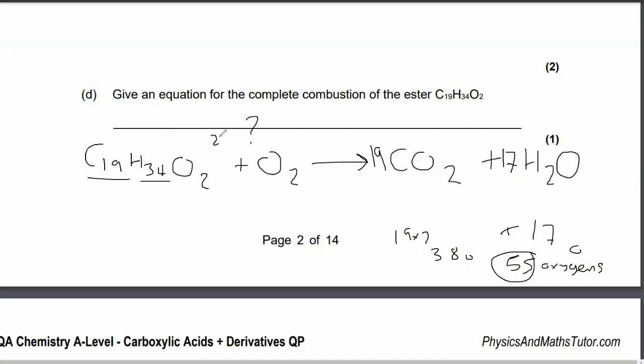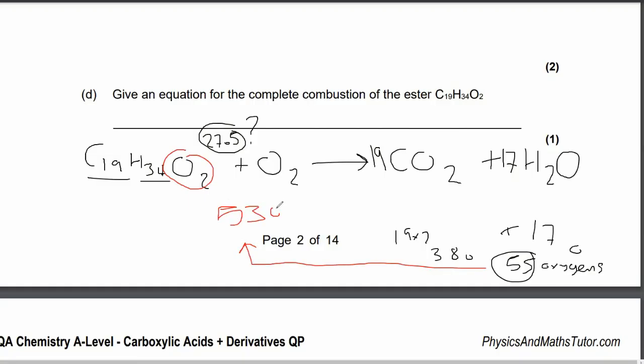So we come back to the left-hand side and we go, what's 55 divided by 2? Is it 22.5? No, my brain is rubbish. It's 27. Hold on. 27.5 is 55 divided by 2. But then actually that's incorrect as well, because we forgot about these two oxygens that we already have in the ester.